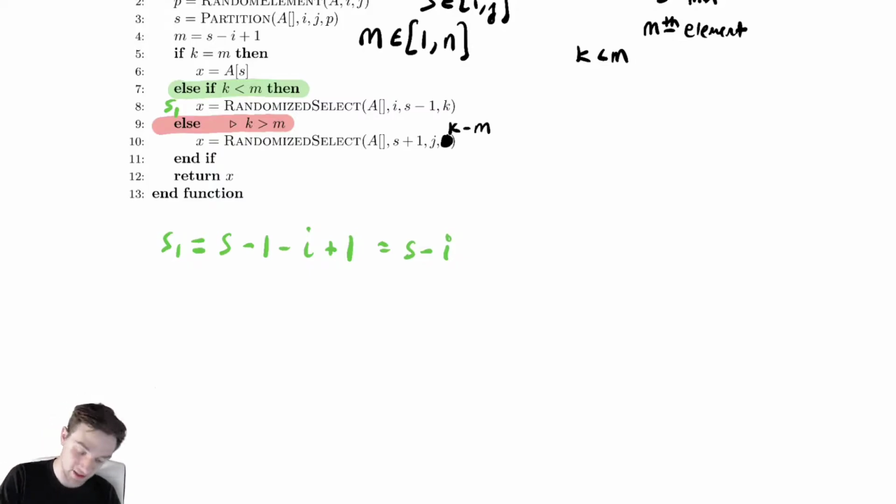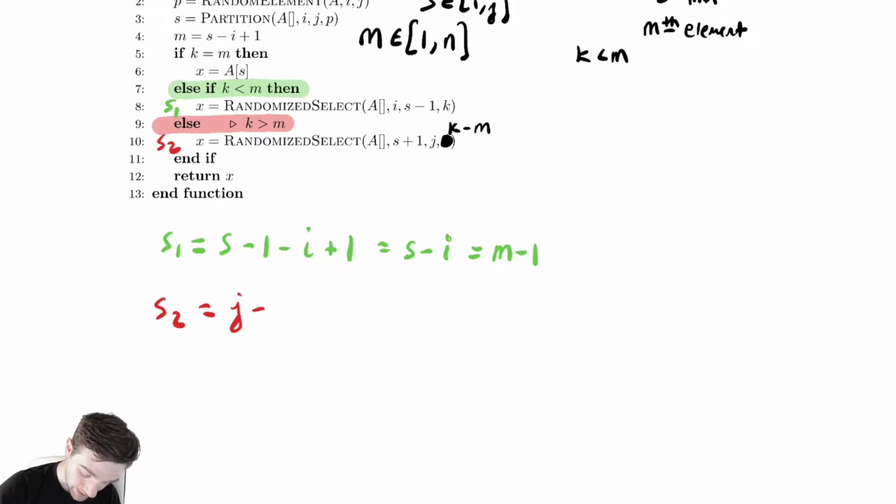I can re-express this in terms of m, which I had declared in my code, as m minus 1. And for the second recursive call, the size there would be j minus s plus 1 minus 1, which is j plus 1 minus s.